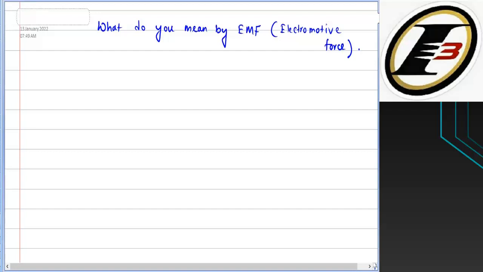So first of all, as the name suggests, there is a force part. So EMF is a force or energy. As you know, what is the relation between force and energy?